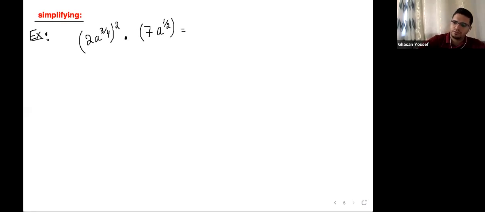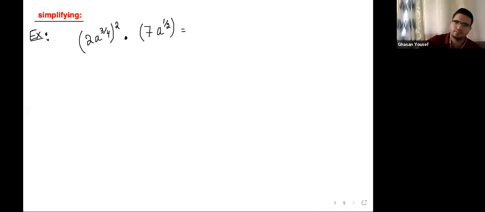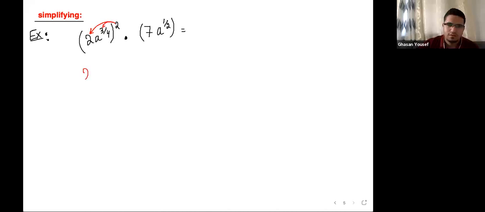Who will help me for doing this one? I can try. Yes, go ahead. So first you distribute the 2 to everything. Exactly. Correct. So I have 2 to the power 2 and a to the power 3 over 4 times 2, times 7a to the power 1/2.